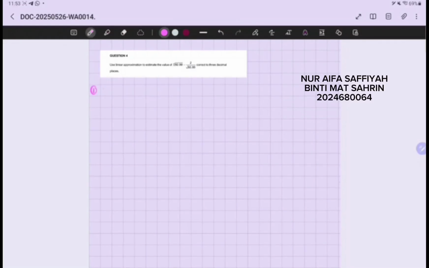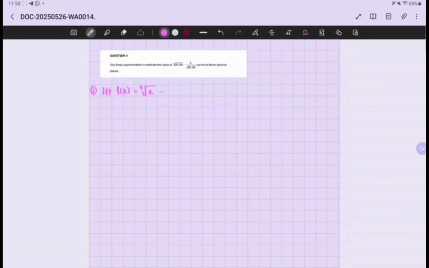Now, let's move to the last question. This is the step-by-step calculation using the linear approximation method to estimate the value of the fourth root of 80.99 minus 2 over the square root of 80.99. The process begins by defining a function f(x) equals x to the power of 1 over 4 minus 2x to the power of negative 1 over 2.